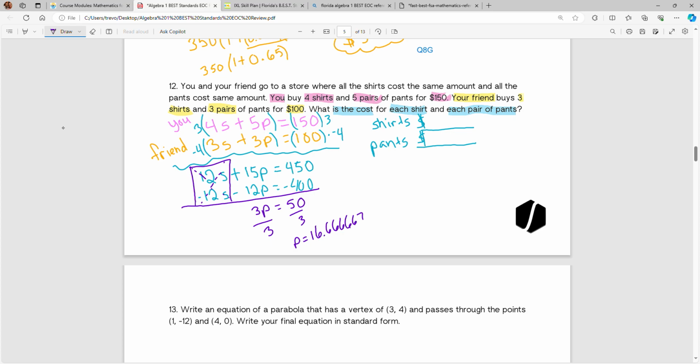So my money, I've got to have my 16, and then I can put 2 numbers behind my decimal. So I'm going to round to the hundredths place. And my thousandths place back here, this 6 tells this 6, 5 or more, you go up one more. 16.67 is my cost. Oh, that's my cost for pants. 16 and 67 cents, because that was P.